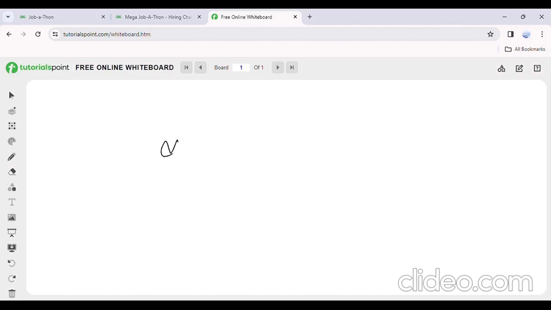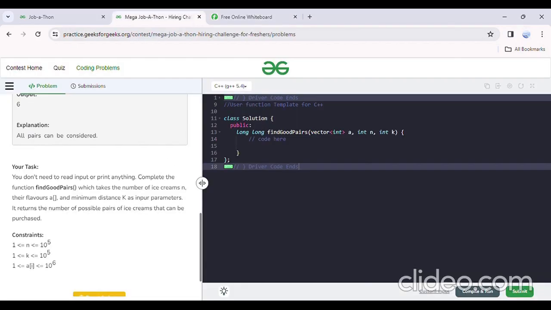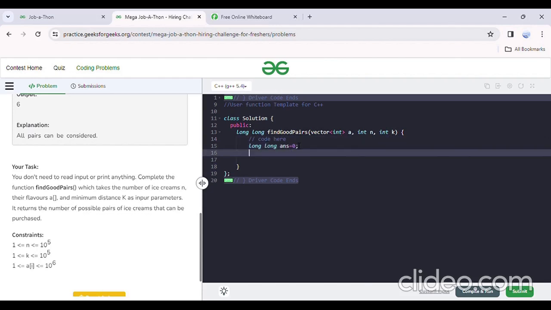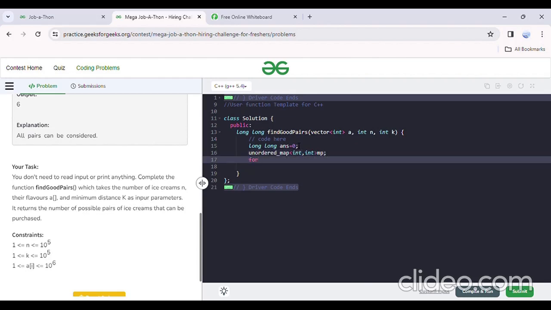You will understand better by the code. Take a long answer equal to 0, and take another map data structure. I is equal to, we are starting here from k.